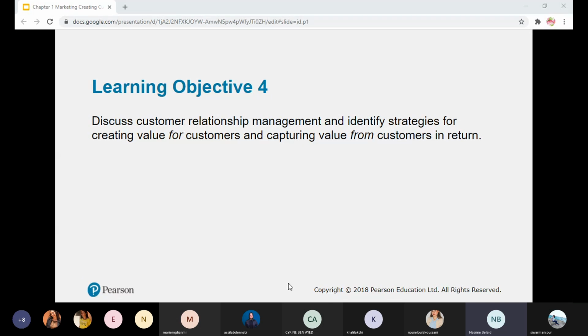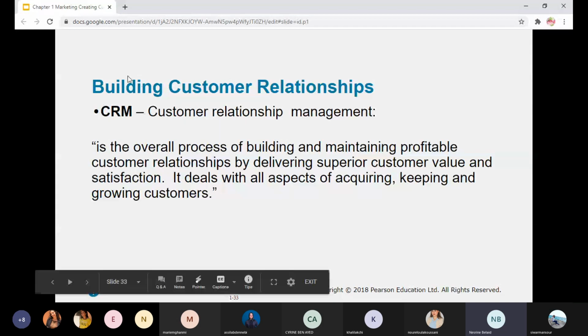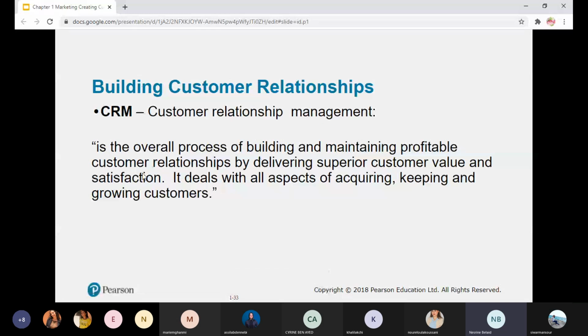So, I think this definition is really clear. Is there anything that you don't understand or something that I need to explain in this definition? Okay, so it is the overall process of building and maintaining profitable customer relationships. So how can I build and maintain this profitable customer relationship? By delivering superior customer value and satisfaction.